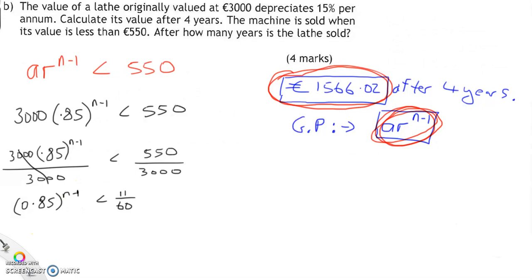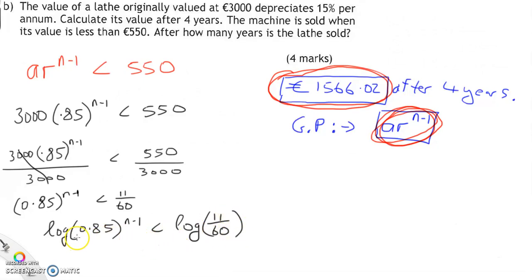So if 0.85 to the power of n minus 1 is less than 11 over 60, how are we going to solve this for n? Well, when you have a little power thing going on like this, usually logs is the answer, so we'll take the log of both sides. So the log of 0.85 to the power of n minus 1 is less than the log of 11 over 60.